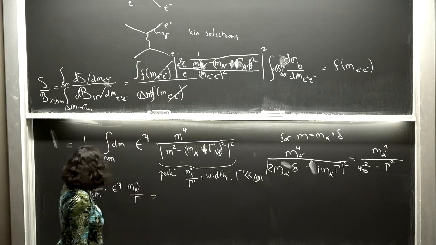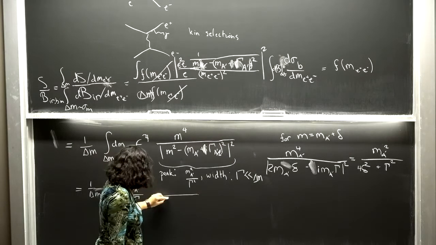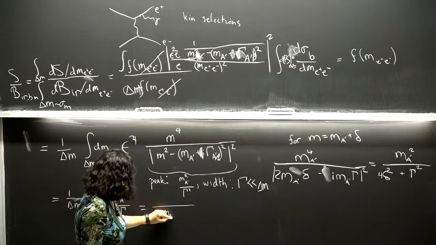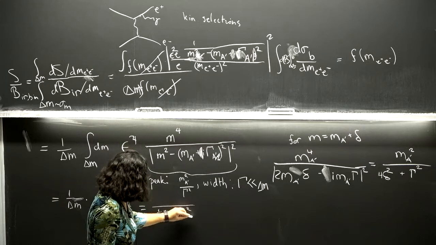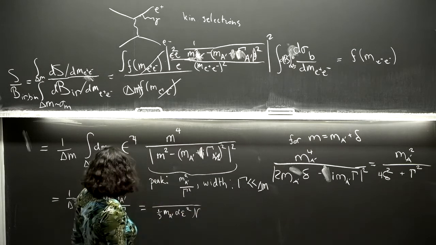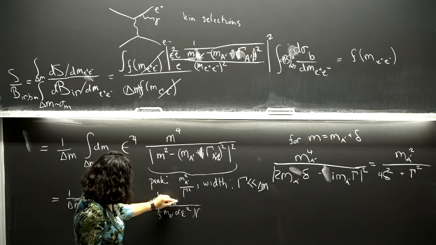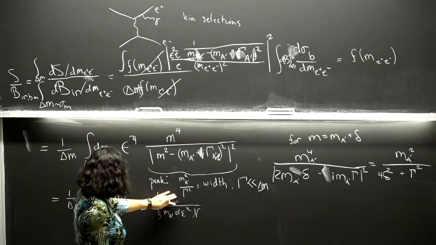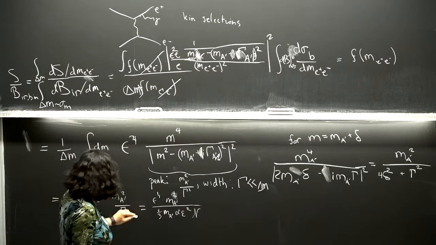And that gamma, you might remember, was a third mA prime alpha epsilon squared times this number of degrees of freedom I can decay into. And so one factor of mass here cancels.